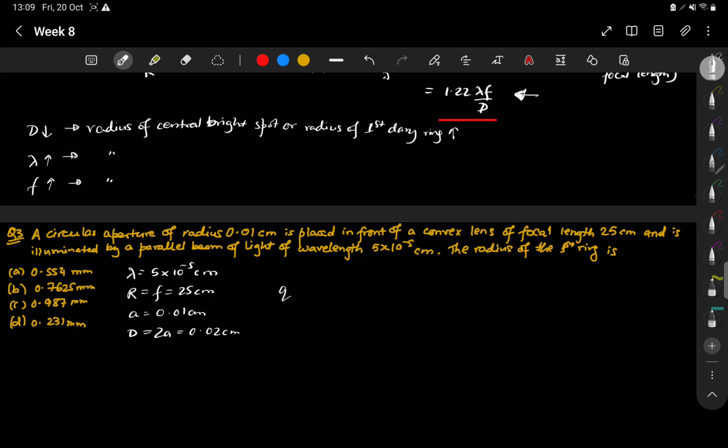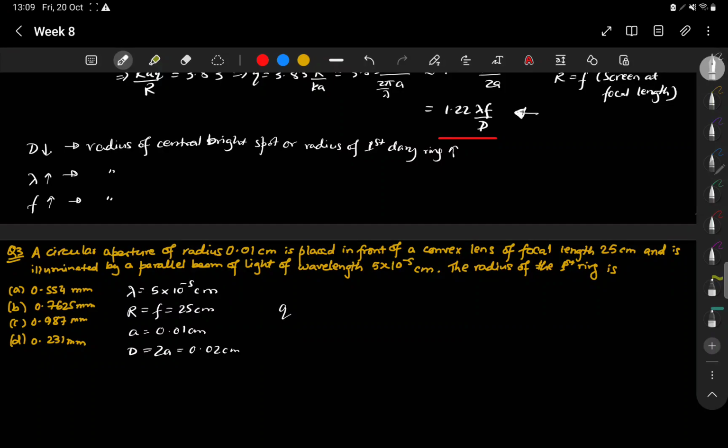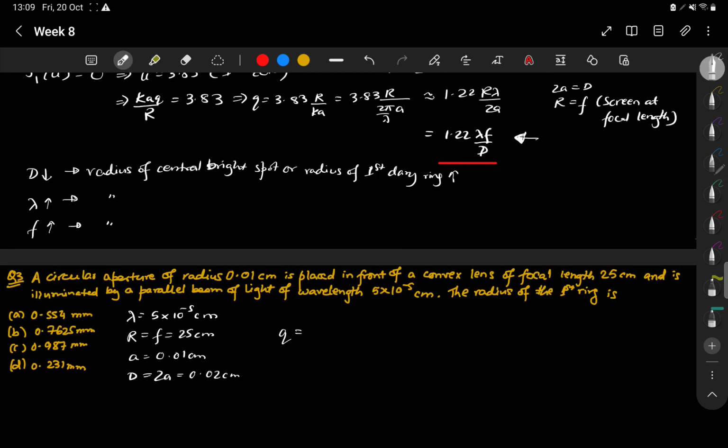So the radius of the first ring, they mean the first dark ring, would be by this expression 1.22 lambda f over d. So 1.22 into 5 into 10 to the power minus 5 centimeters, F is 25 centimeters and d is 0.02 centimeters.